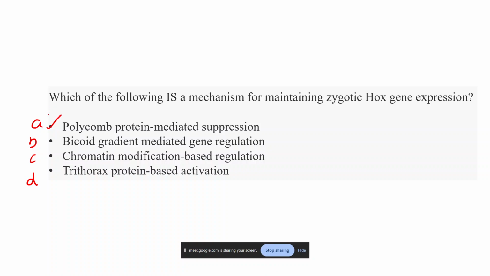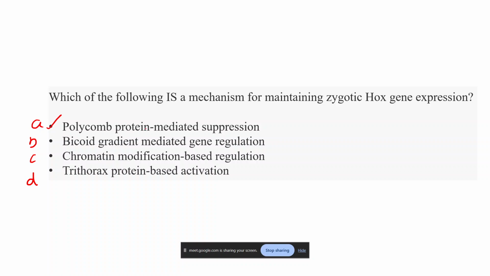Basically, polycomb protein mediated suppression ensures that Hox genes stay off in regions where they shouldn't be expressed. It works via polycomb repressive complexes like PRC1, PRC2, or H3K27 trimethylation marks.